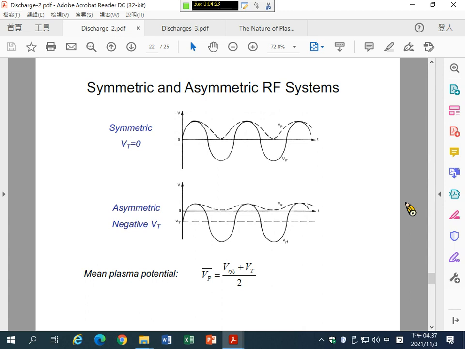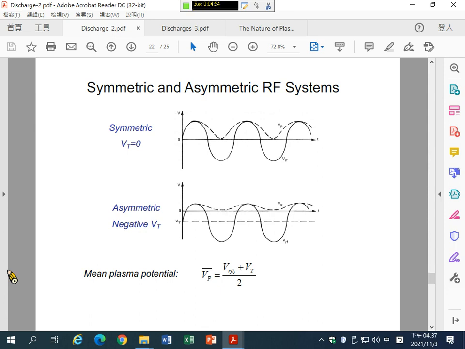And in this half cycle, the RF hot electrode becomes negatively biased, and there's an offset value VT here. So the RF hot electrode is biased more negative than the amplitude of the voltage of RF output.